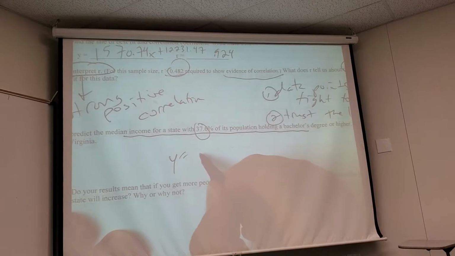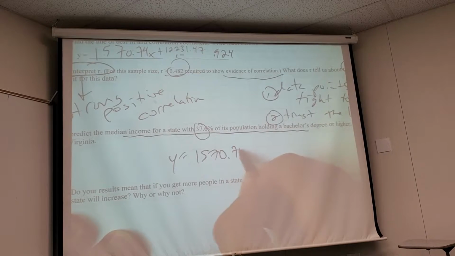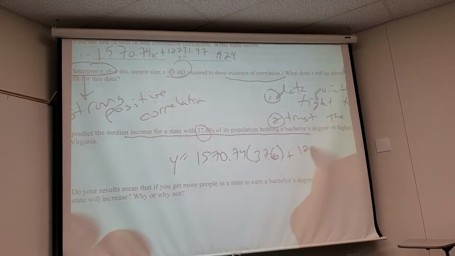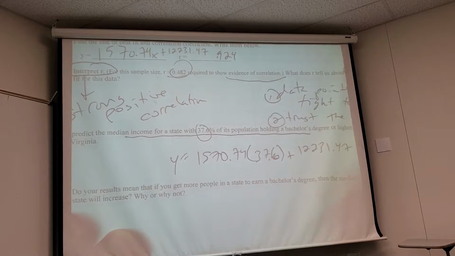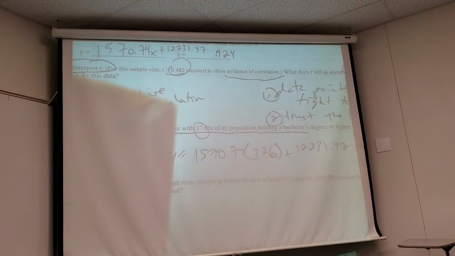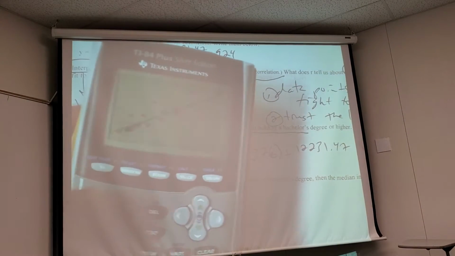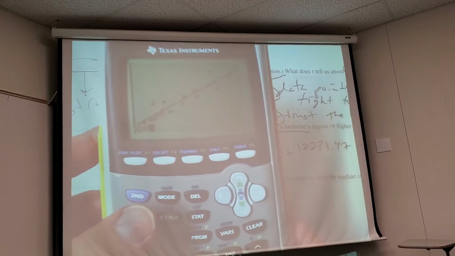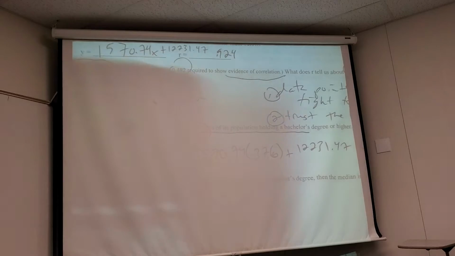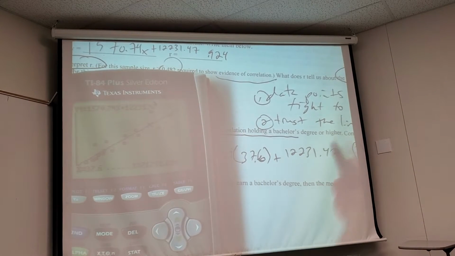So I'll put 1570.74 times 37.6 plus 12231.47, or you could do the second calc value thing. Either way you do it, I put in 37.6, and I get this prediction.